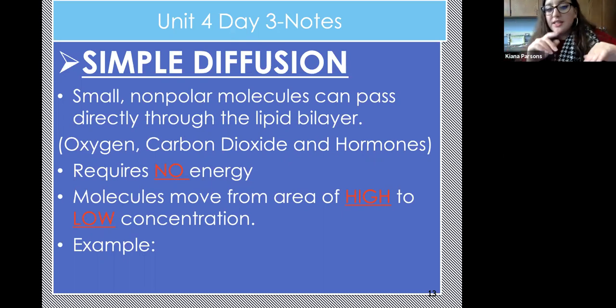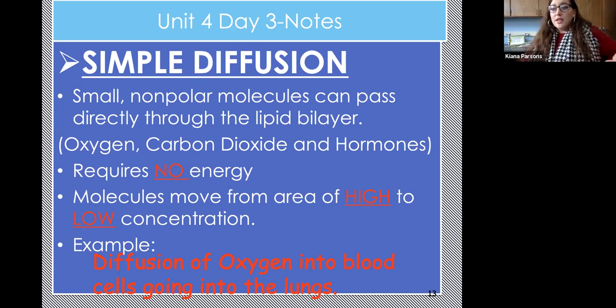This is in your notes. The words in red are in your notes. Molecules move from an area of high to low concentration. An example of simple diffusion is the diffusion of oxygen into blood cells going into the lungs. This is some of the most important diffusion that happens in our bodies.